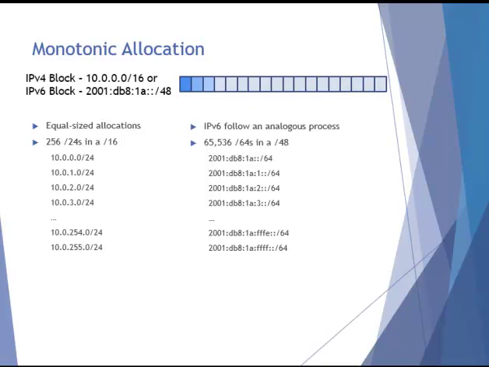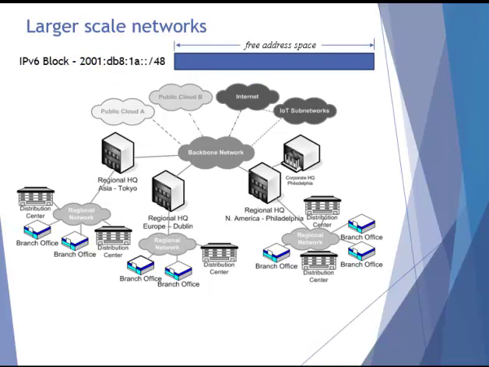So if we look at another example where perhaps I've got a larger scale network, in this case instead of just the 3 locations, I've got a regional headquarters in Tokyo, Dublin, and Philadelphia, with the corporate headquarters off of Philadelphia. I've got subtending networks there within each region, each supporting various distribution centers and branch offices.